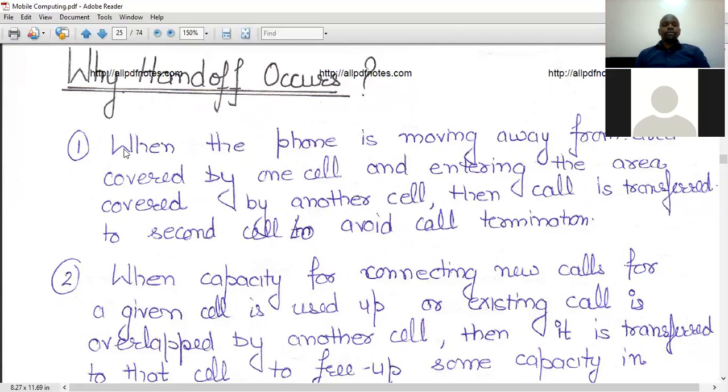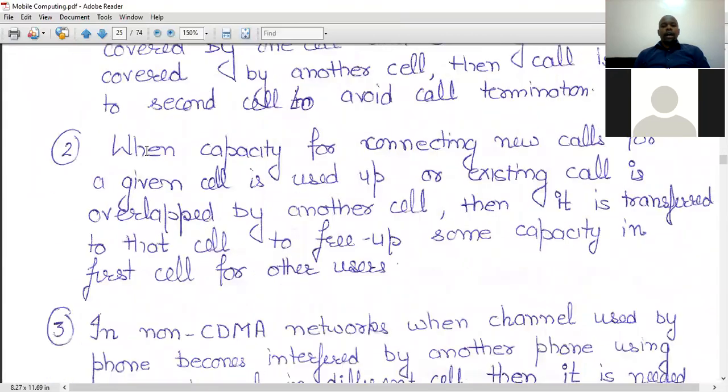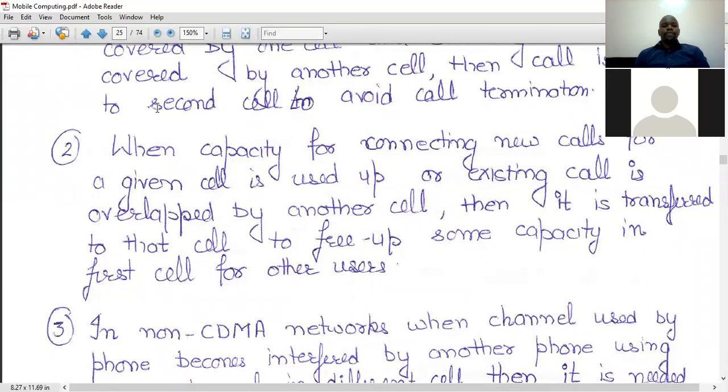So when a phone is moving away from an area covered by one cell and entering the area covered by another cell, the call is transferred to the second cell to avoid call termination.